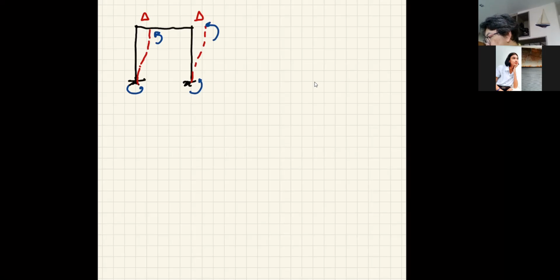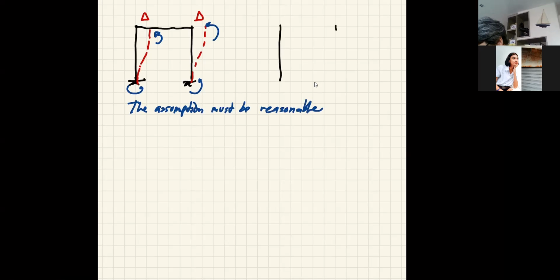Okay, so let's say the assumption must be reasonable. Okay, so let's say I assume that my end moment here is going to be minus 30.